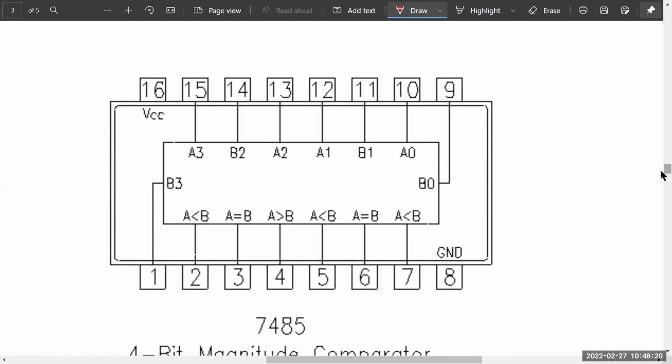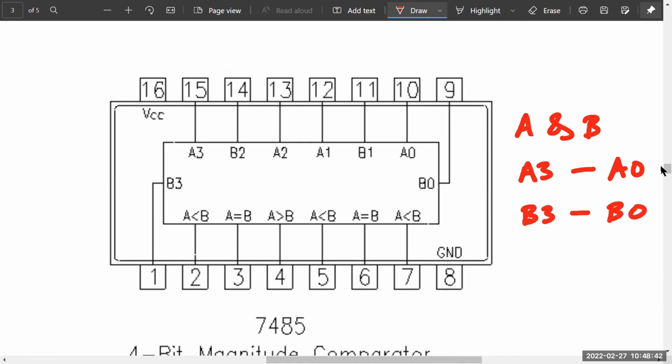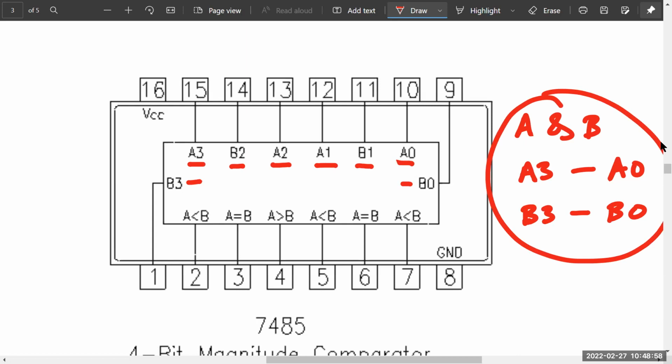Then, as you can see here, we have inputs A and B, and both of them are 4 bits. They go from A3 to A0, A0 being the least significant bit, and then B3 to B0. It compares both these numbers together. Those are the 8 pins for these 4-bit numbers.